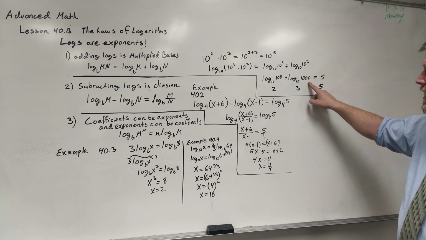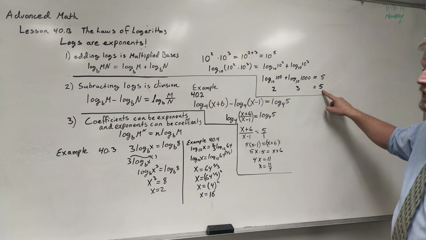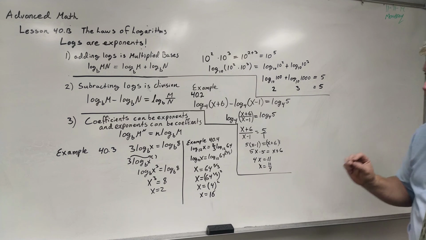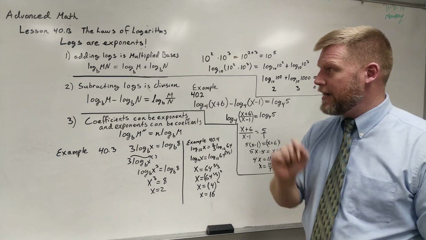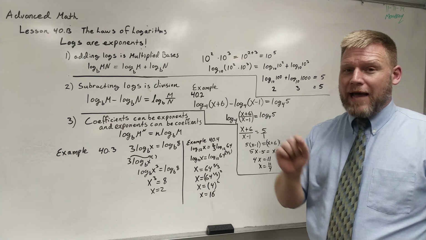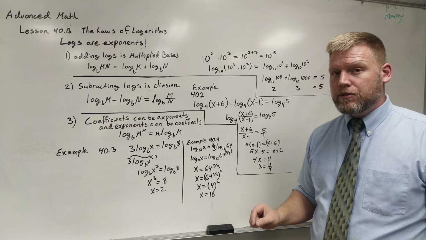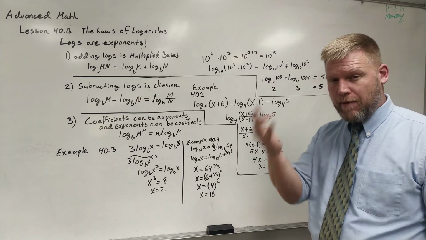So really what I'm saying is this would be 2, this is 3, and that's equal to 5. Keep in mind, when I'm multiplying bases, I'm adding exponents. And since logarithms are exponents, when I'm adding logarithms, I am multiplying bases. So it's just the opposite, right?